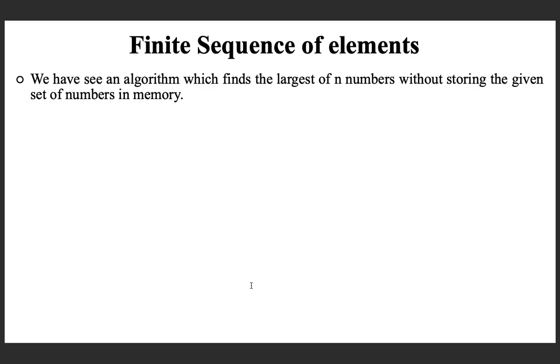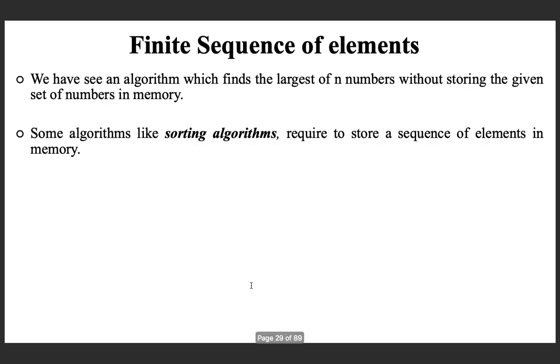It's only reading one number at a time, storing it in a variable, processing it, and then reading the next number into the same variable. But some algorithms, like the sorting algorithms that we will learn later, require storing a sequence of elements in the memory at the same time.